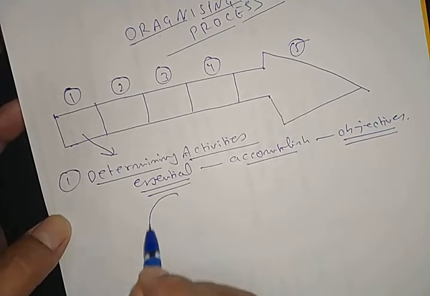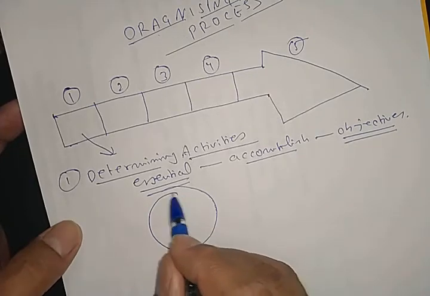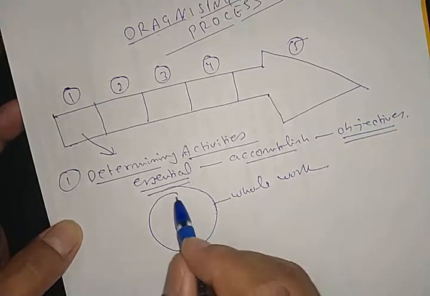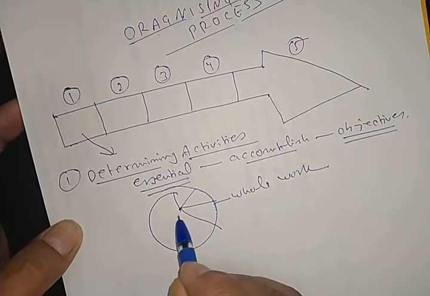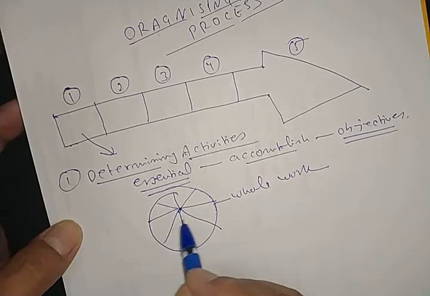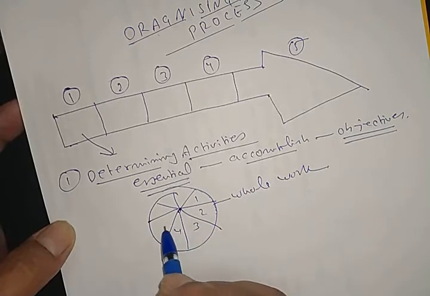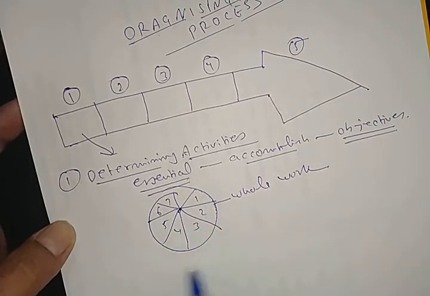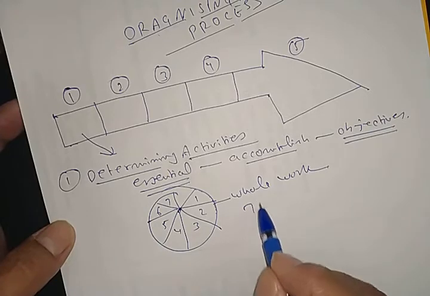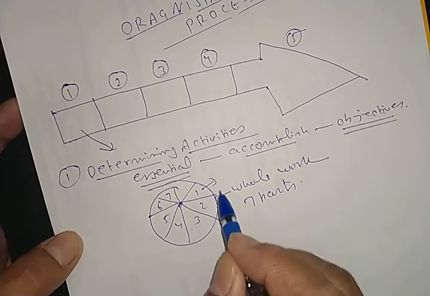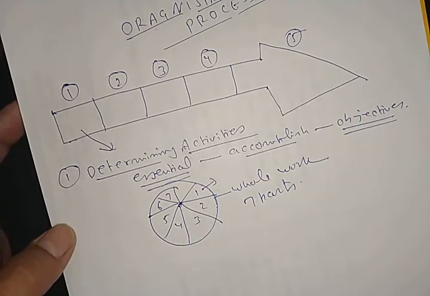Suppose this is the whole work. It should be divided into small works. Suppose we have divided the whole work into 7 parts. Now, each part should be handed over to a person according to their specialization.